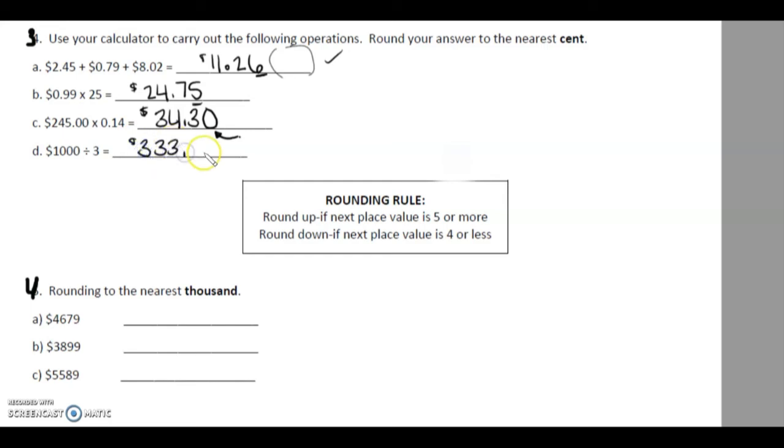It's coming up as 333.33333 and so on. So we want to round to this decimal here. So we take a look at the right of it. This is just a 3, so we round down. So we're going to get 333.33. Okay, as a review, remember, round up if the next place value is 5 or more. Round down if the next place value is 4 or less.